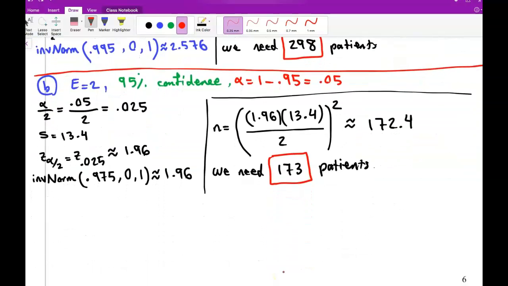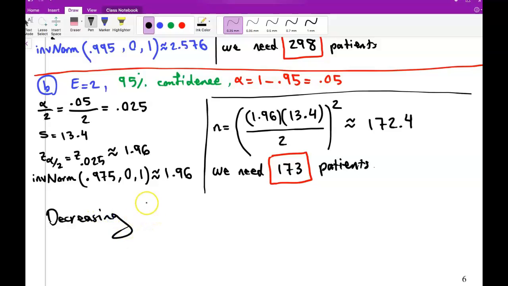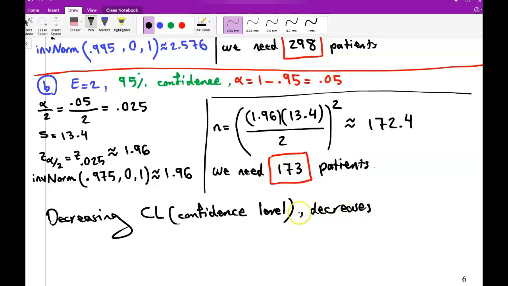So decreasing the confidence level decreases the sample size needed.